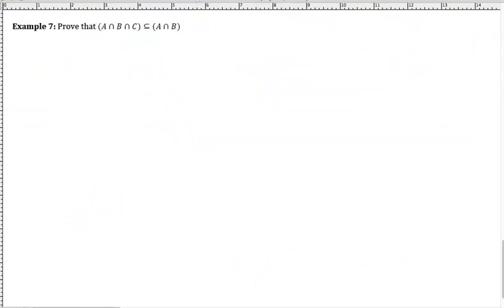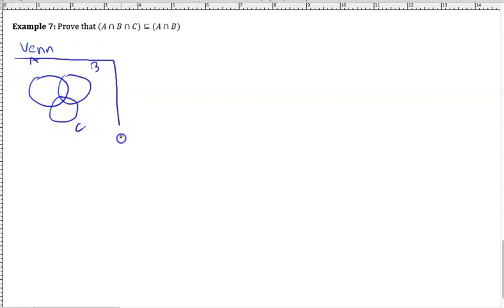All right, so this is the last example in this section. Let's prove that A intersect B intersect C is a subset of A intersect B. Let's do it by Venn diagram first. Let's have three sets here, A, B, and C in the universe.